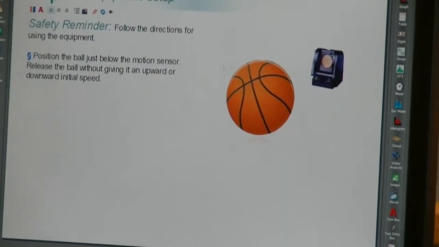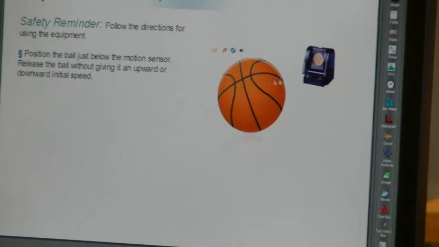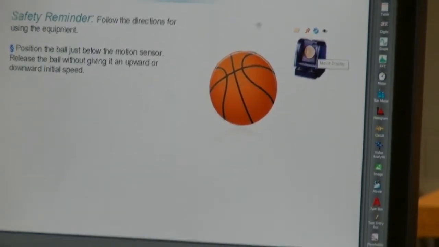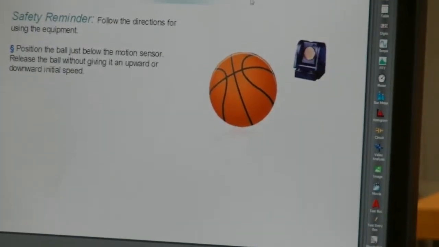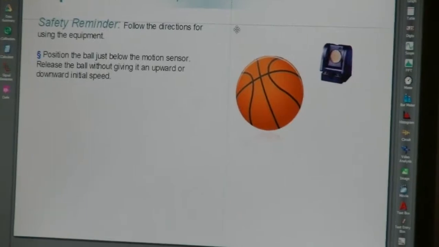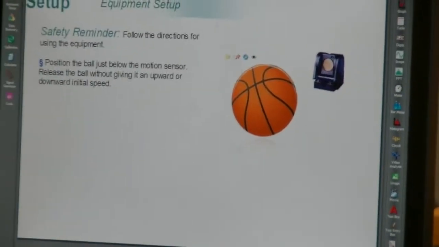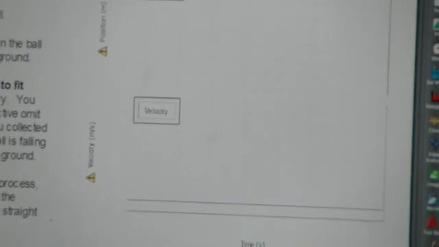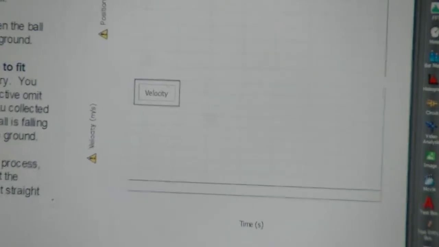So basically, we will be dropping a basketball, and we know that anything that is falling under the Earth's gravity is moving with constant acceleration, and the sensor will record the position versus time and velocity versus time graph of the ball. So here we are supposed to drop the ball, and the sensor will record the graphs automatically.